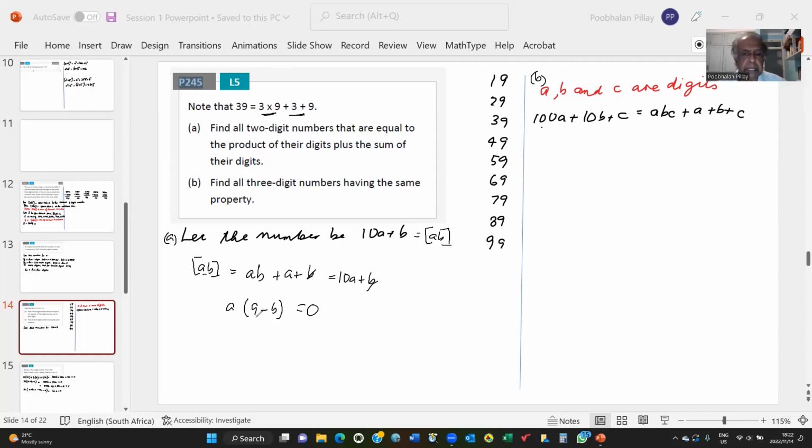I don't know what A and B are, and I'm trying to calculate them, and I get a nice little equation which says that the product of A, the first digit, times 9 minus B is 0. Now, when the product of two numbers is 0, one of them is necessarily 0. But which one is 0? Is A 0?